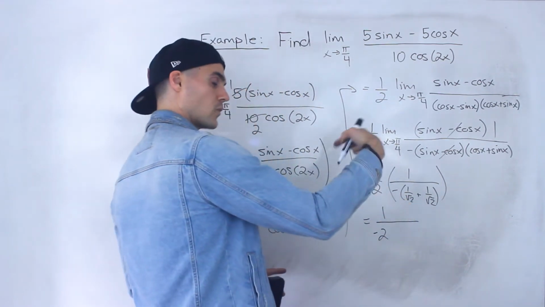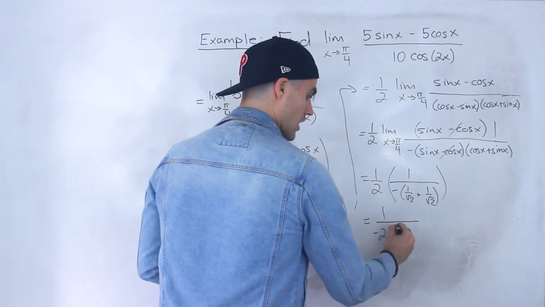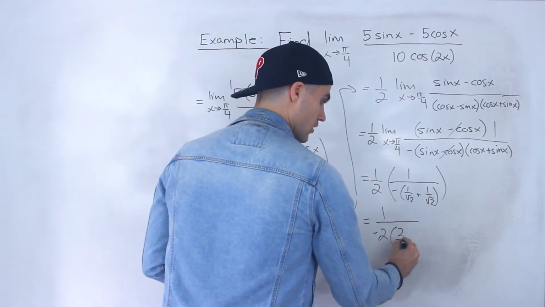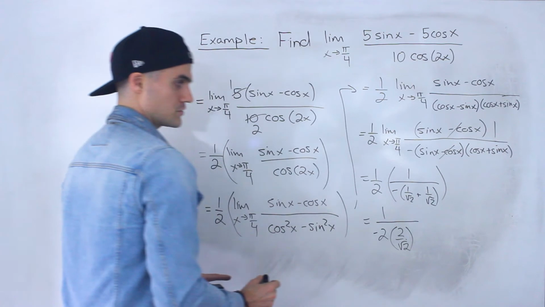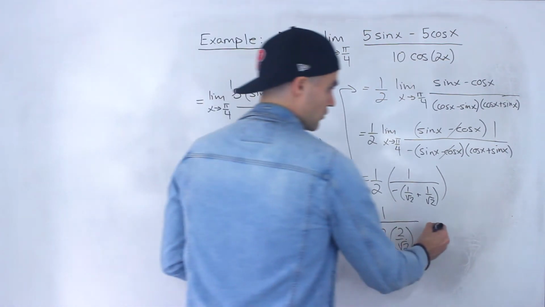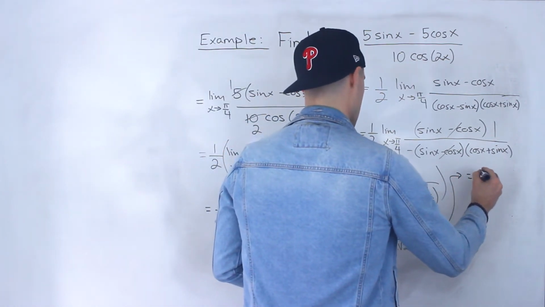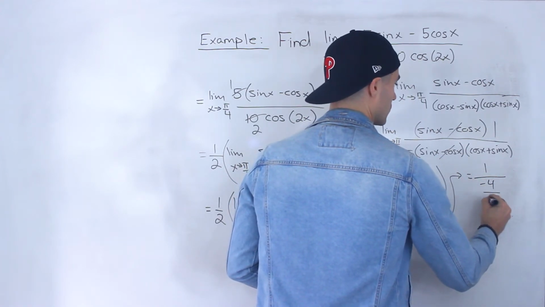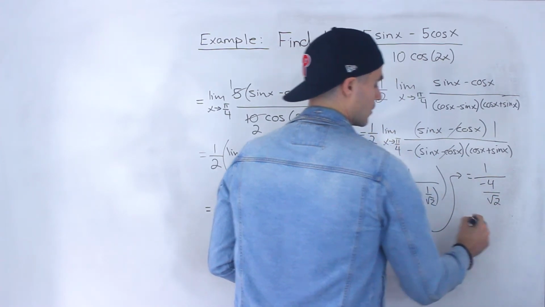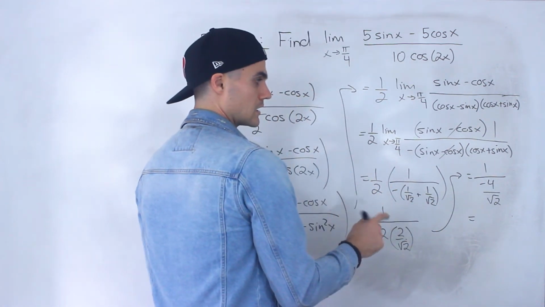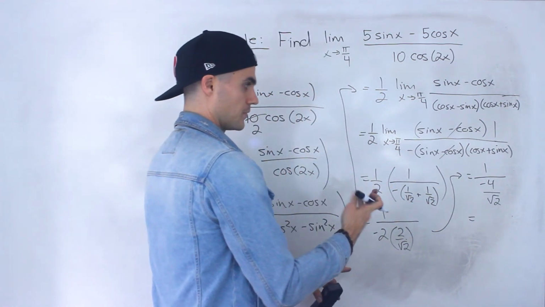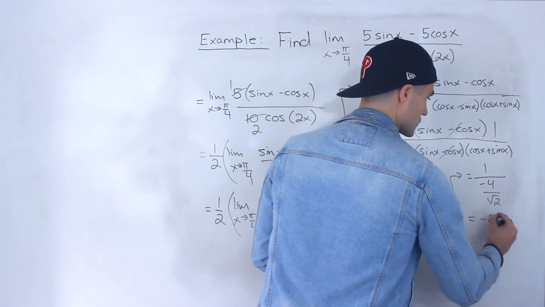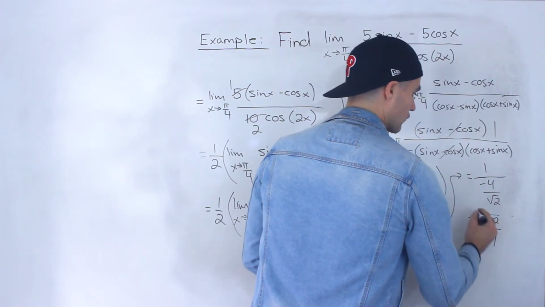And so what we would end up getting is 1 over negative 2 times (1 over root 2 plus 1 over root 2), which is 2 over root 2. So this would end up being 1 over negative 4 over root 2, and you could flip that now, giving negative root 2 over 4.